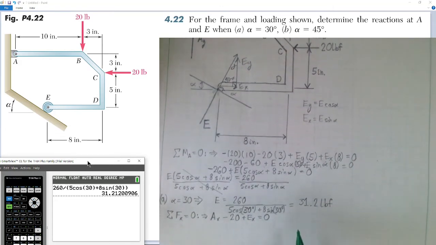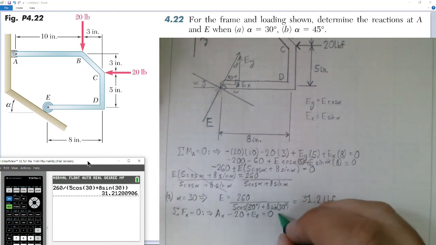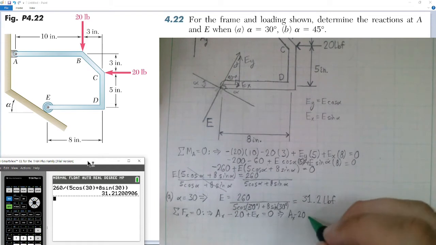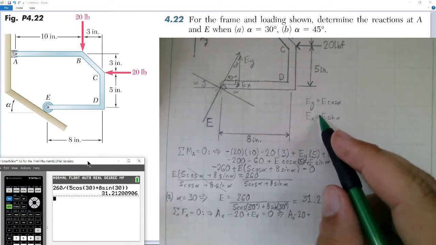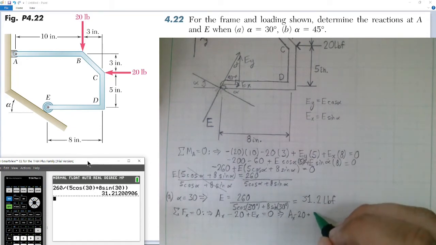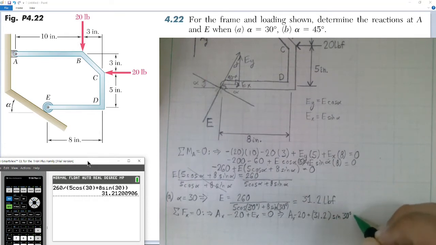So now we will keep continuing this line and say AX minus 20 plus EX, which is E times sine of alpha, substitute that in, 31.2 pounds of force multiplied by the sine of 30 degrees equal to 0.